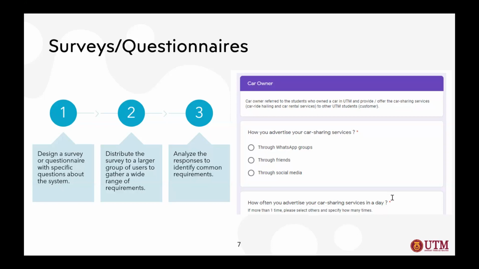Meaning that here you need to ask the other staff. This one you need to consider. Sometimes some of the students conduct the interview session and only ask the owner about the whole system.